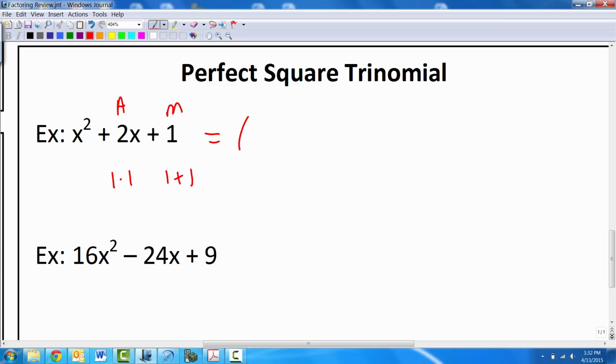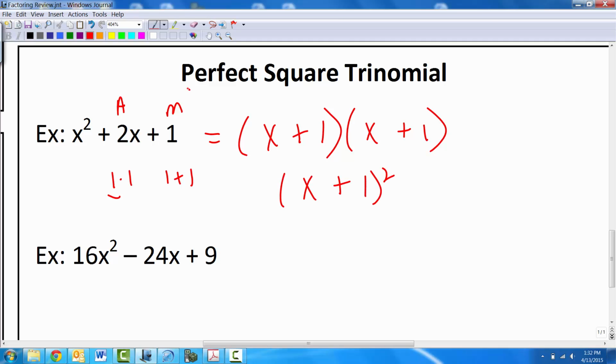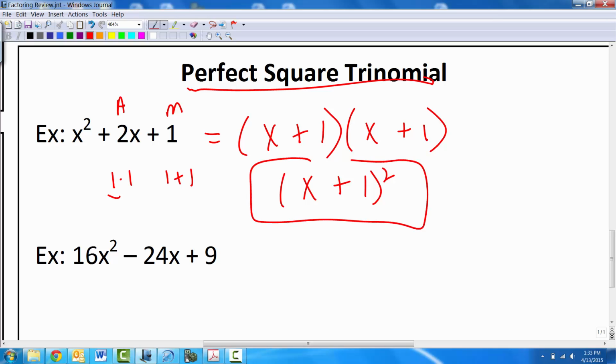So what does that mean this factors to become? x plus 1 times x plus 1. What is x plus 1 times x plus 1? x plus 1 squared. So actually this is called a perfect square trinomial because it ends up being a binomial squared when you are done factoring. You don't have to write it like this, but I'm just giving you why it's called that.